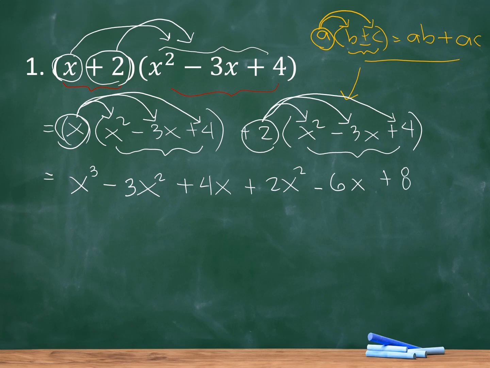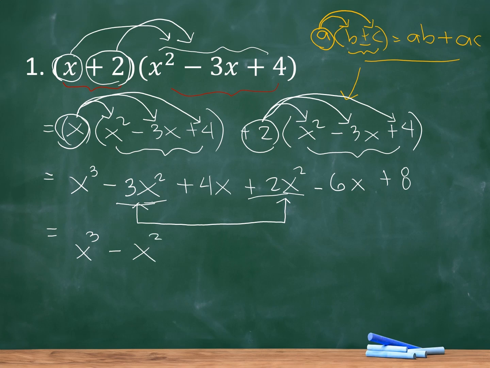Now at this point, we will simplify by combining similar terms. So we will combine negative 3x squared and 2x squared because they are similar terms. And you will know that they are similar because they have the same variable, x squared. So you copy first x cubed, and then negative 3x squared plus 2x squared, that's negative x squared.